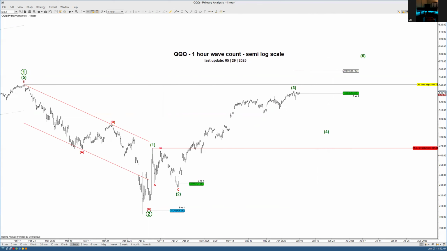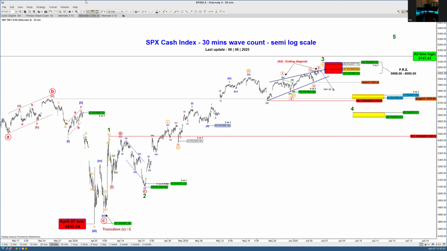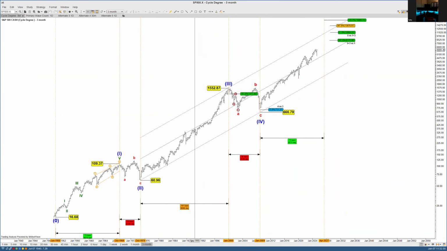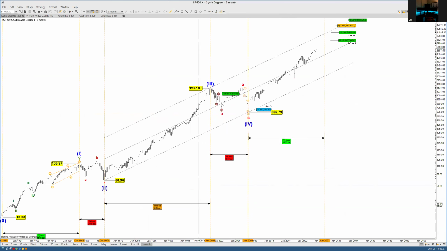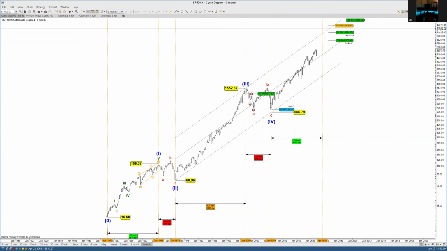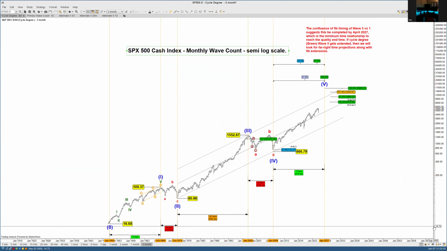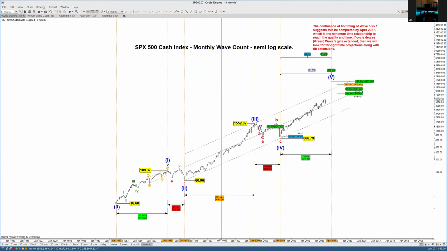This market has room to run. It's all here. Nobody wants to believe me. Market has room to run until 2027. Minimum.